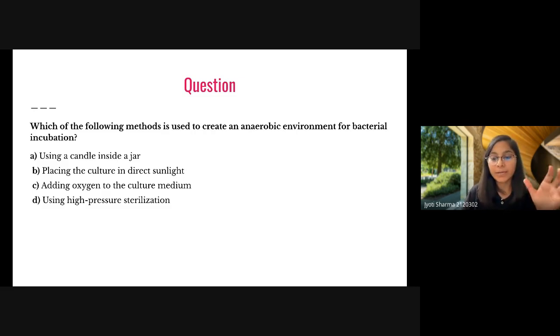How can we maintain an environment that doesn't have oxygen? For that, we have to put a candle inside the jar, because the candle will utilize the oxygen, and then the oxygen will be insufficient, and that will create the anaerobic environment. So A is the right answer.